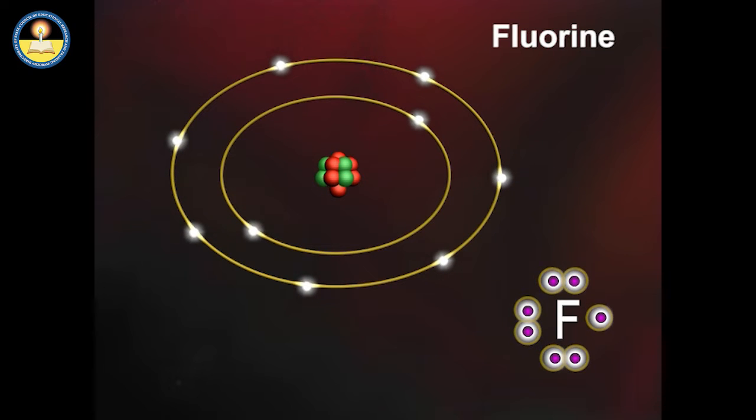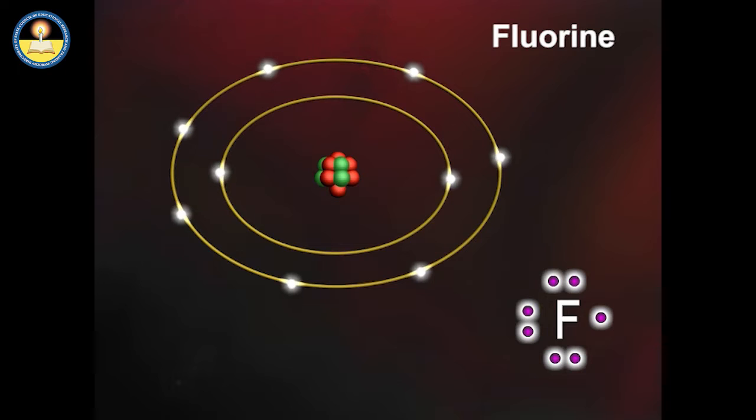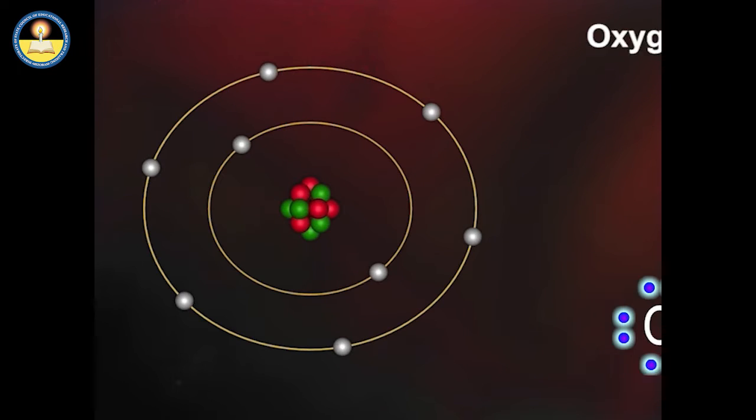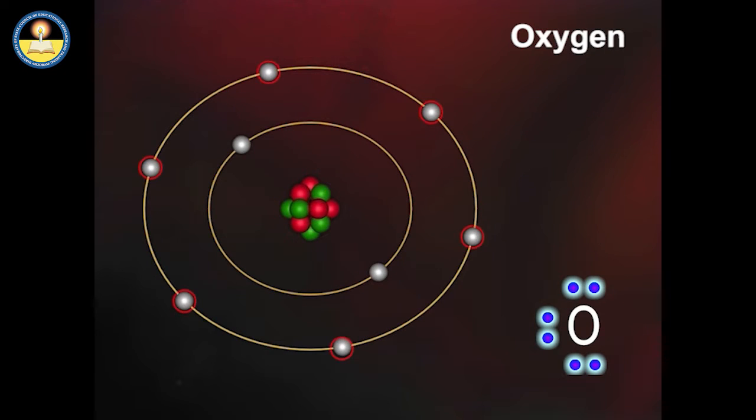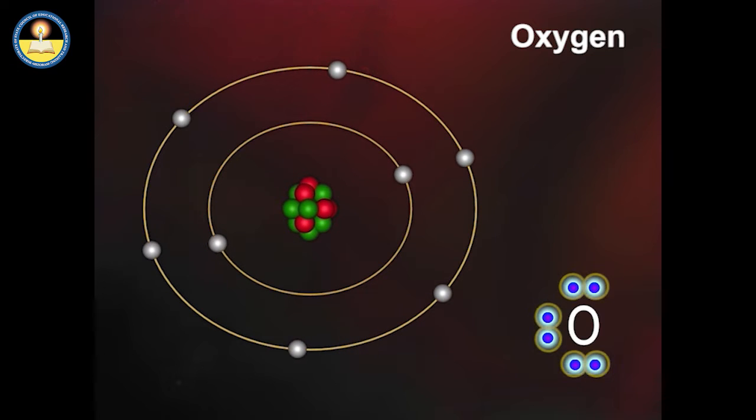Thus, we represent fluorine atom as shown on screen. Similarly, oxygen having 6 electrons in its outermost shell is represented as 6 dots around the symbol of oxygen. We represent an oxygen atom as shown on screen.